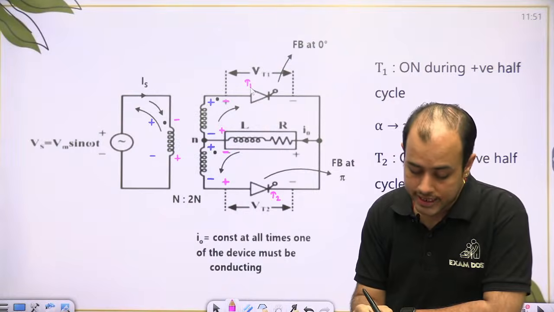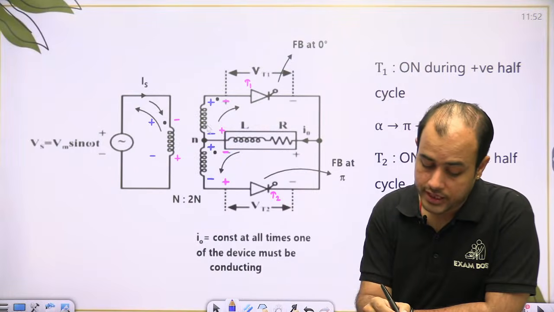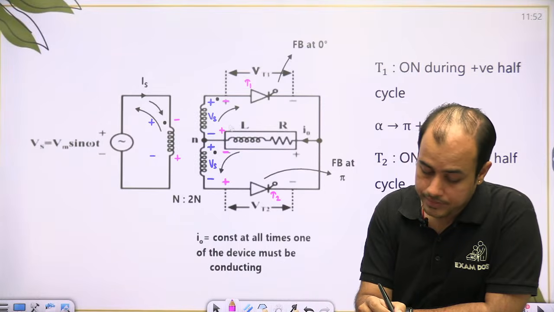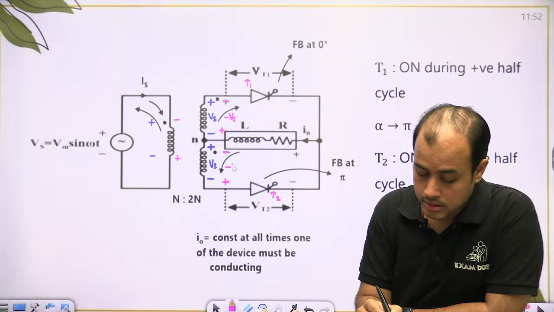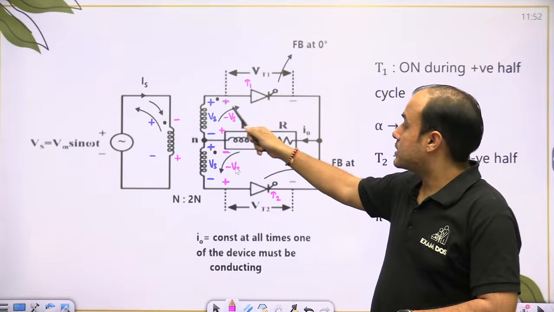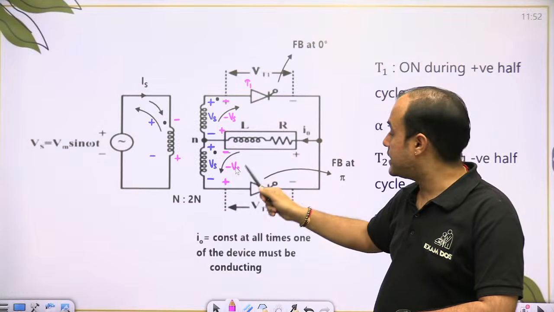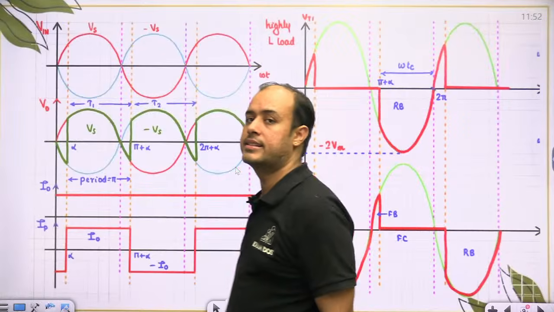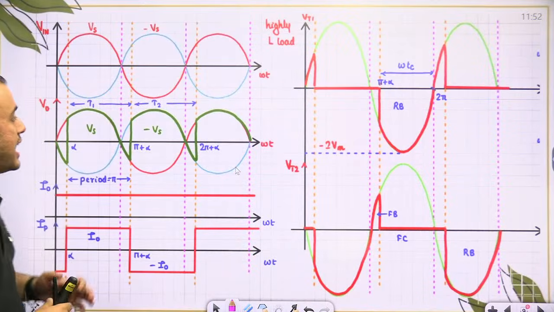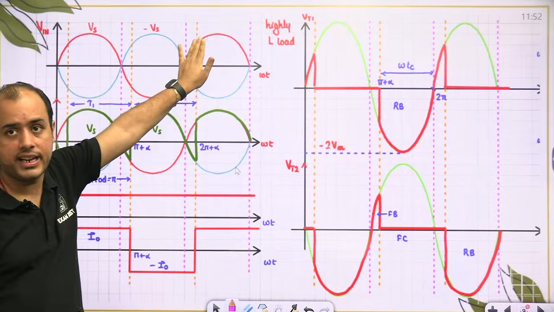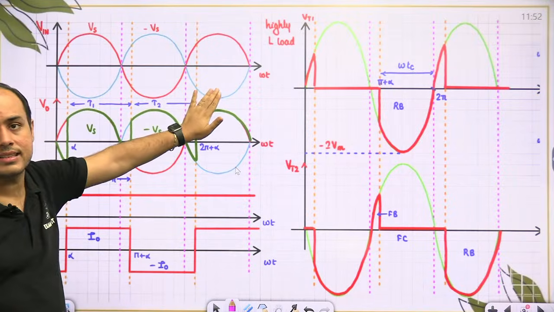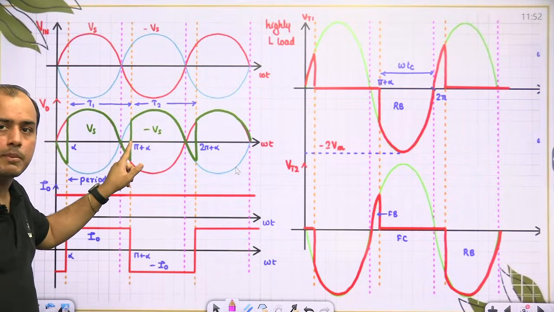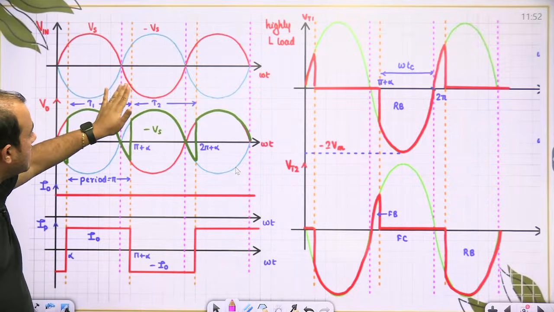Now beta, whenever T2 conducts, see, the blue voltage is actually Vs, the pink voltage is minus Vs. So when T1 conducts, output will be Vs. When T2 conducts, the pink voltage will be the output, that is minus Vs. So that is why, beta, I have drawn the red graph as Vs and the blue graph as minus Vs. So when T1 is conducting from alpha to pi plus alpha, I will follow the red graph.